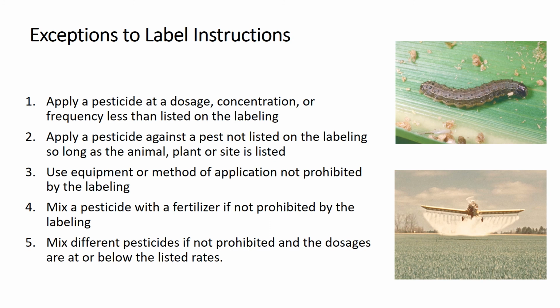Correct. And then mixing different pesticides, if not prohibited, at the labeled dosages or below the listed rates. So, again, that comes back to the jar test. If the label doesn't specify that you can't mix it with other chemicals, you can try the jar test and see if it looks compatible, meeting those conditions.